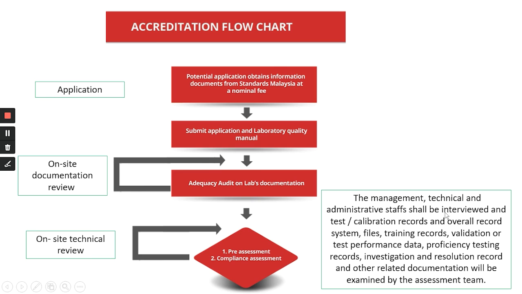All these personnel will be interviewed, and they also have to do some testing. If that lab is a calibration lab, they must show the calibration record and the overall record system, files, training records, validation, test performance data, and proficiency testing records, which are one of the elements of quality assurance, investigation and resolution records, and other related documents will be examined during the technical review.